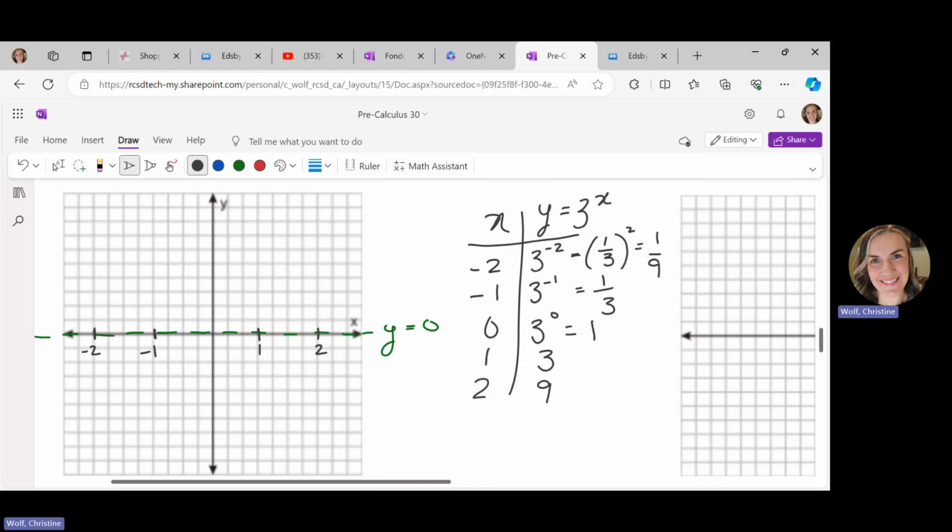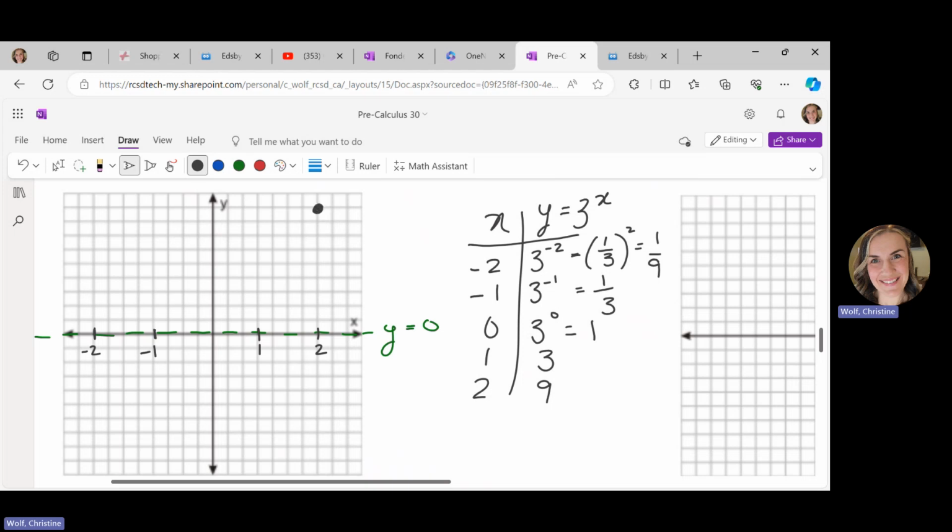All right, so at -2, my y value is 1 over 9, so you can convert that to a decimal, okay? Or if you want, you can start with the positives, 2 and 9. It doesn't matter which end you start on. Okay, we are obviously an increasing function because my base is positive. So I know 1, 2, 3, 4, 5, 6, 7, 8, 9.